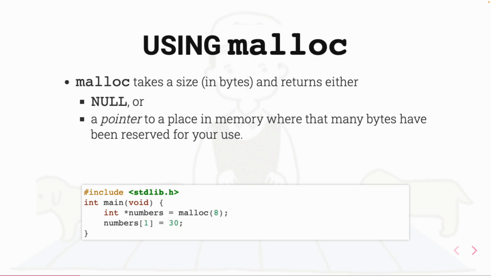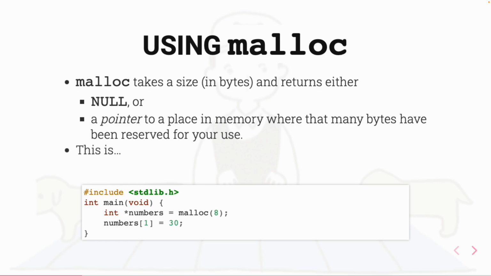All this memory allocation stuff happens at runtime, which means that your program and your operating system, or I guess if you're using something like Java, your runtime environment, can't guarantee that there will be enough space on the heap to store whatever you want to store there. So when you're programming with malloc, it's good practice to check the value of the pointer it returns and then handle errors if it turns out to be null.